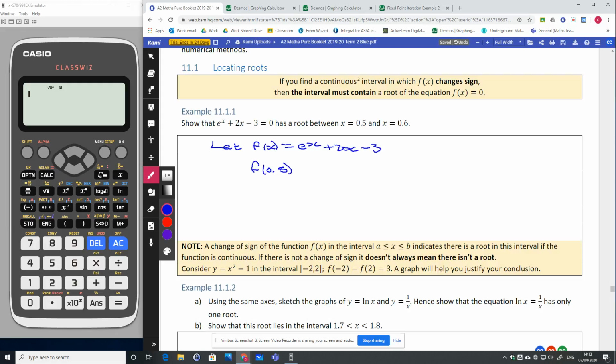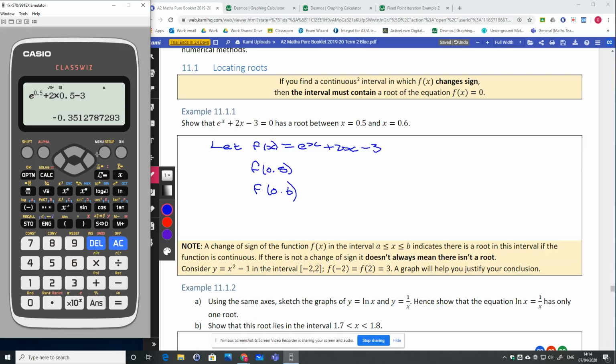What we are looking for is a change of sign, and we'll have a look at what is happening with this graphically afterwards. On your calculator, we're just substituting 0.5 in, plus 2 times 0.5 minus 3.